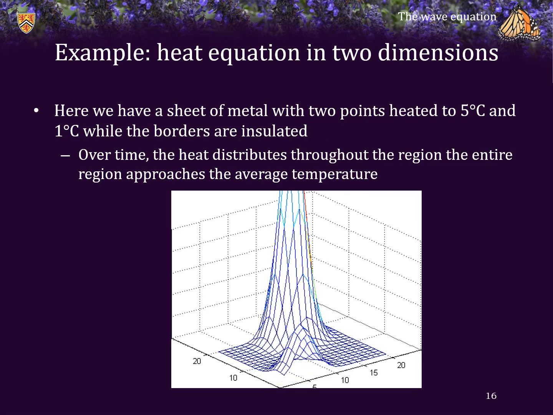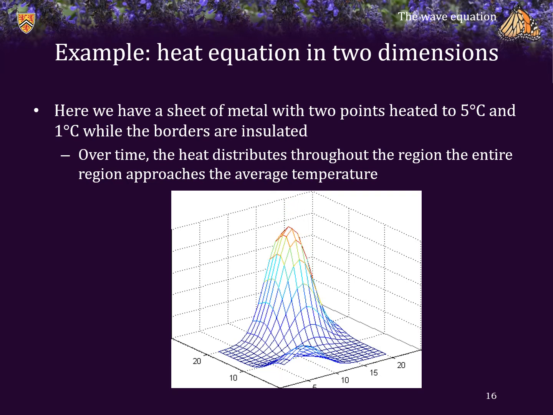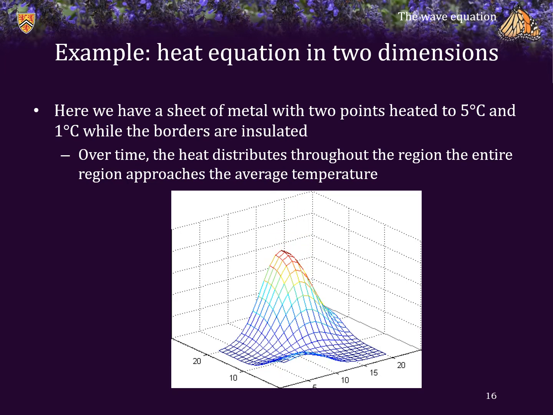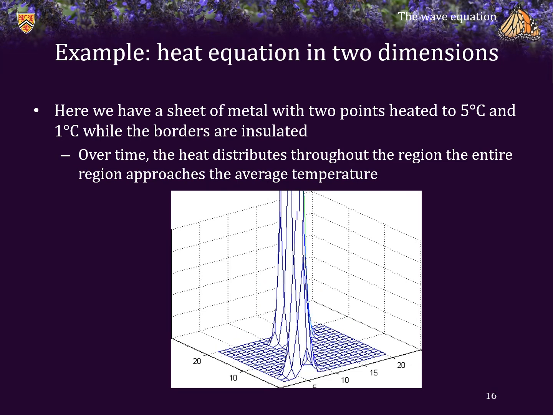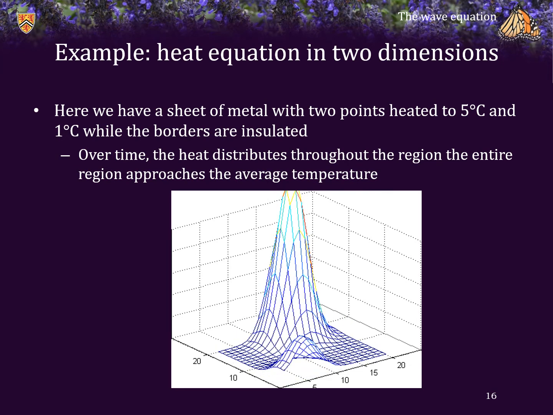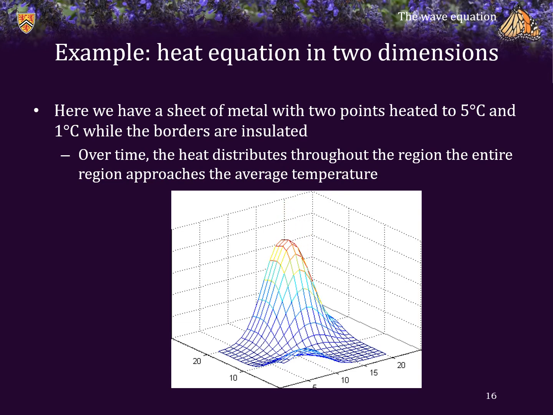Here, on the other hand, we have a sheet of metal with 2 points, one point heated to 5 degrees Celsius and the other heated to 1 degree Celsius. The borders here are insulated.